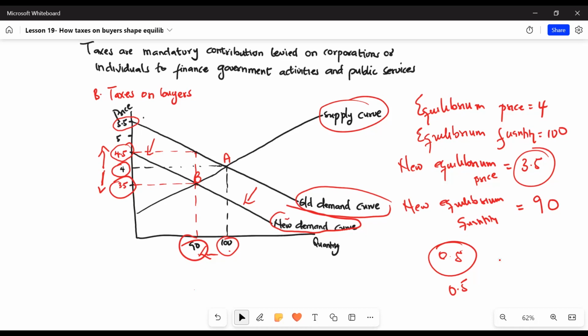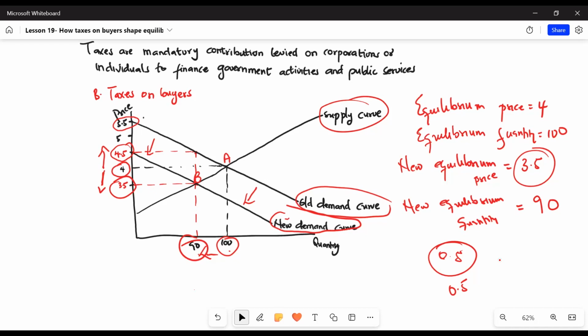Now, in this example, the statutory burden is entirely on buyers, which means the government imposed the tax on buyers and requires buyers to make payment to it in the form of taxes. However, buyers and sellers each bear some of the economic burden. And also, in this example, buyers and sellers share the burden equally.